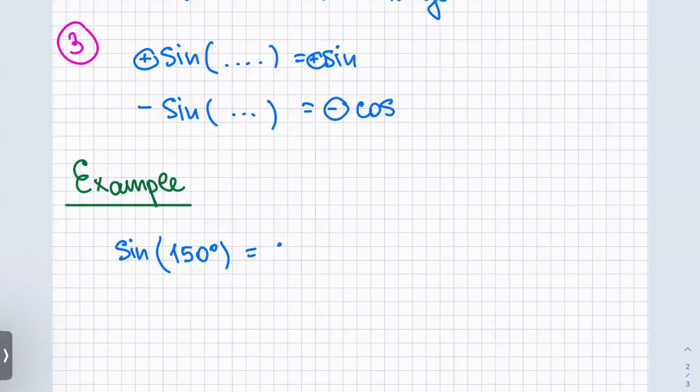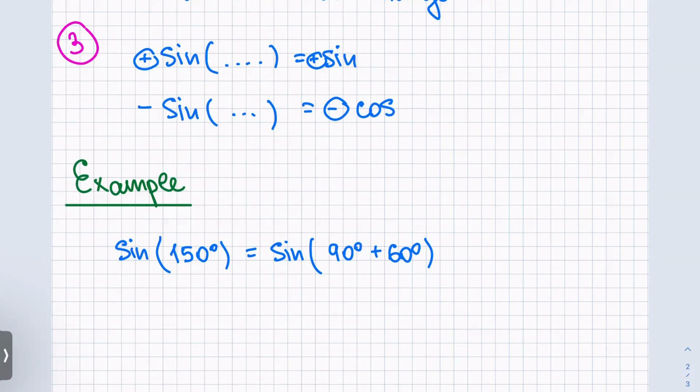What we can notice here is that sine of 150 degrees can be written in a different way. So we have 150 degrees. What do we know about this 150? We can write this 150 as 90 degrees plus 60 degrees, because 150 is 90 plus 60.